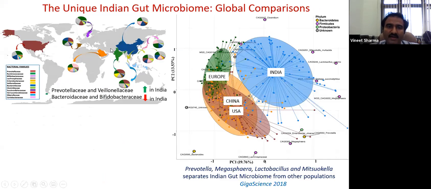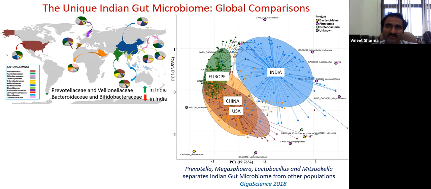If you look here, the Indian gut microbiome looks very distinct from other gut microbiomes. They cluster separately and have very large inter-sample distances because of the variation in diet. But despite these variations, we cluster together.